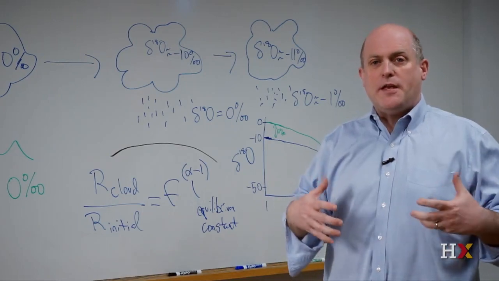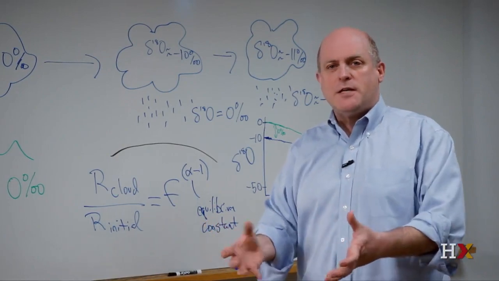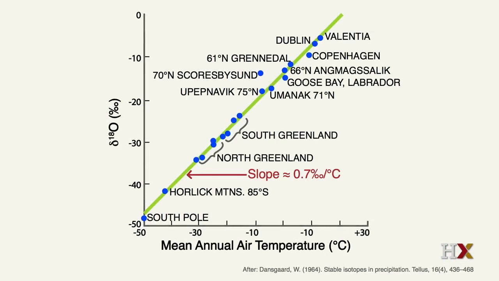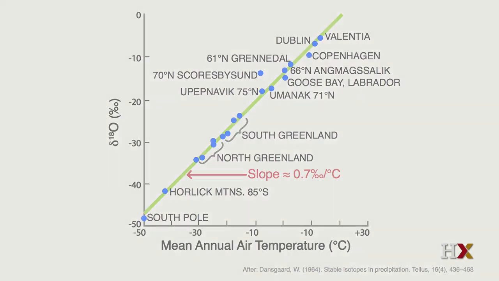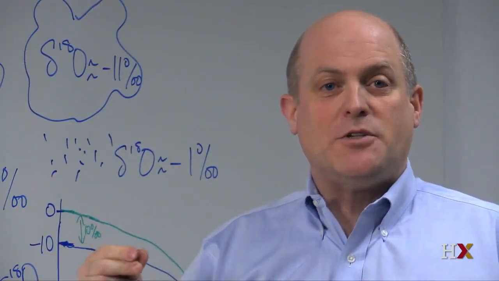So you can think about the process of water evaporating near the equator and moving towards higher latitudes as a process of distillation. As the water in the atmosphere drops out as rain and ultimately as snow, the water vapor remaining in the atmosphere as clouds gets more and more isotopically depleted following this simple Rayleigh distillation model. And by the time you get snow falling in the middle of Antarctica, the delta 18 of that snow is extremely isotopically depleted and is a very strong function, as Dansgaard showed, of the mean annual temperature.